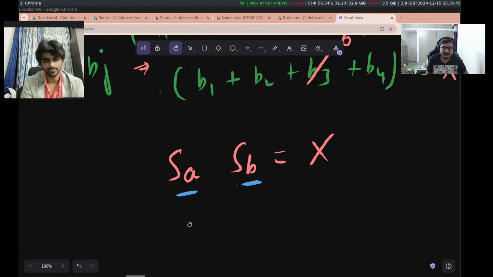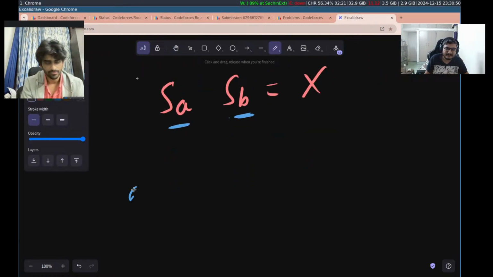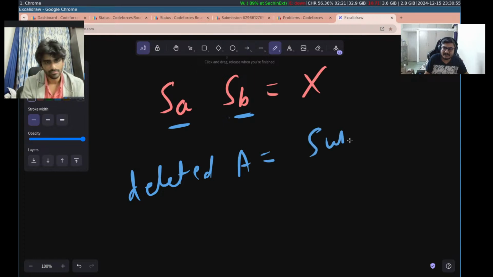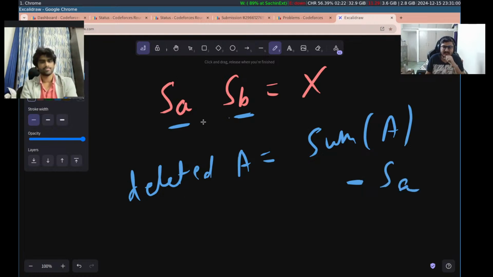The deleted element in A would be the sum of elements of A minus the new sum you have fixed. So his idea was that now you uniquely know which element should be deleted over here. Then you probably check using a set or something if this element exists in A or not.